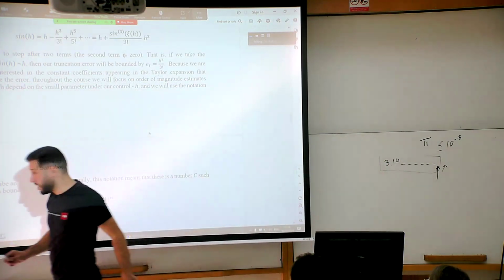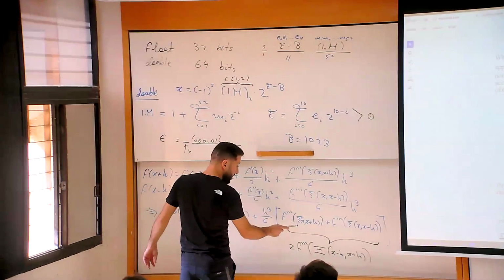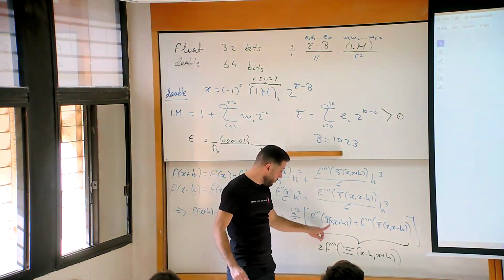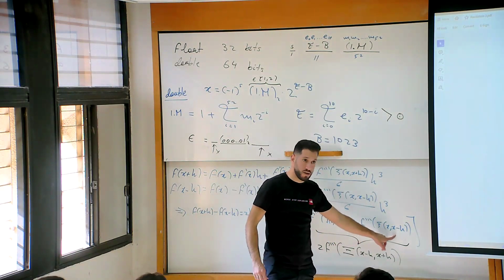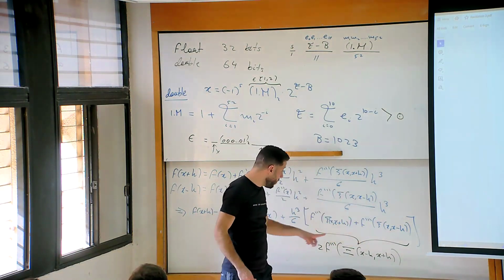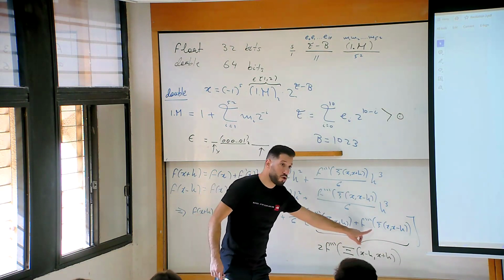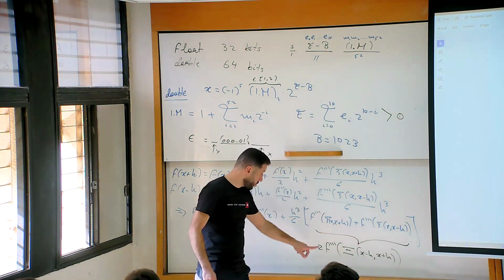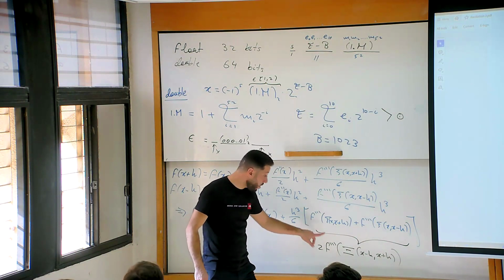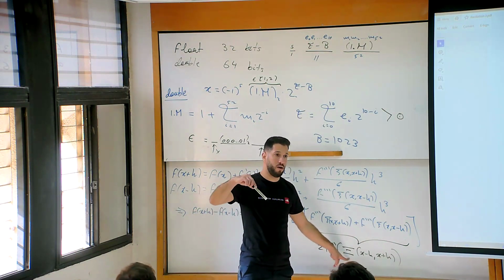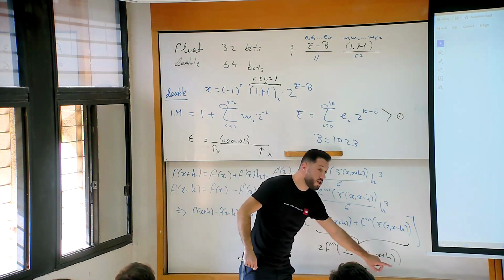For example, this psi is a number between x and x plus h, and this psi is a number between x and x minus h. I say now that the sum of these two values is the same function calculated at a third number, which is between x minus h and x plus h.